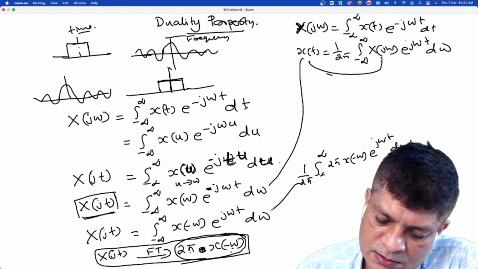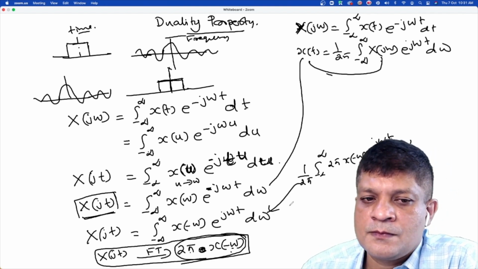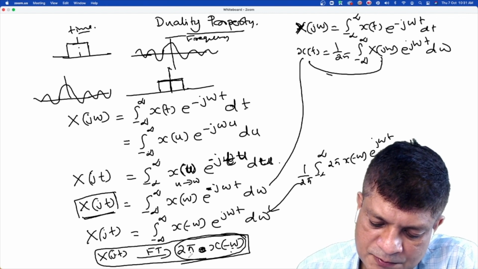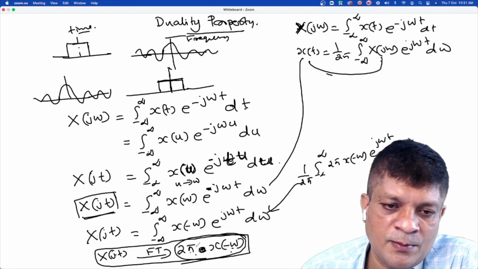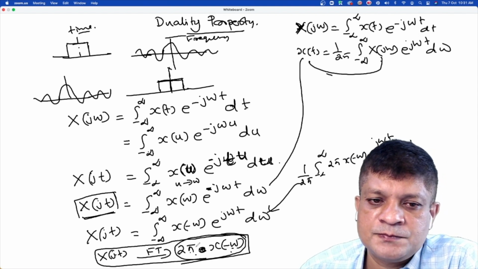That is this integral. So can we say that X of jt and 2 pi X of minus omega form a Fourier transform pair?